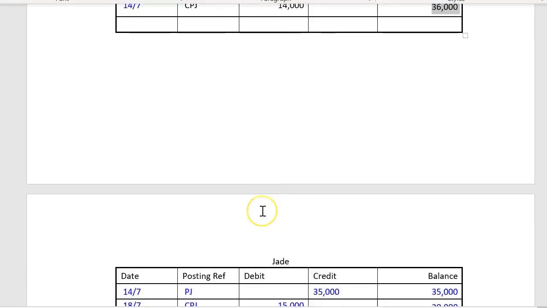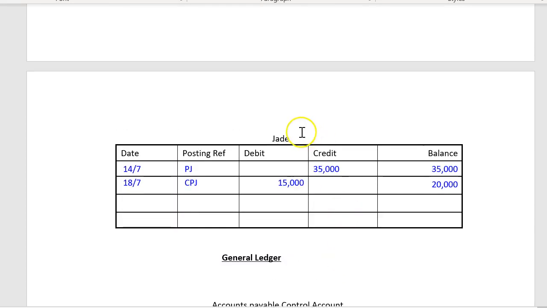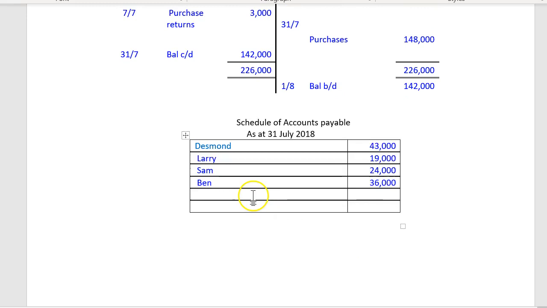Ben's closing balance is 36. Last but not least, we have Jade, 20,000. And this must equal 142. Let's see. 43 plus 19 is 62, plus 24, 86, plus 36, 122, plus 20, 142. There you go.